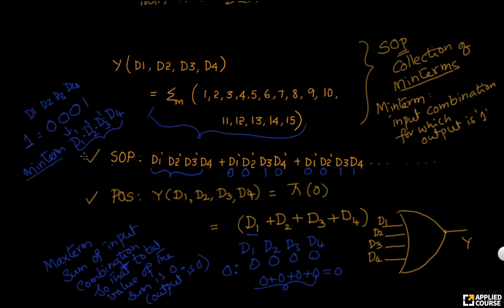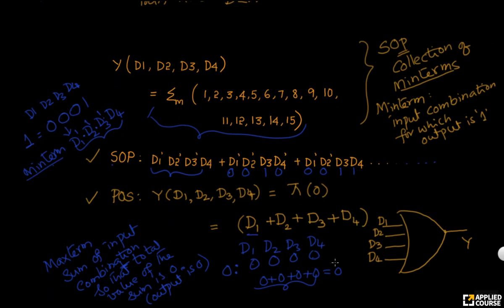Once again, for a min term, 0 stands for the complement form. D1 is 0, it is D1 prime in the expression. For a max term, 0 stands for the normal form. That is, if 0 is there, I have to write it as D1. Again, D2 is 0, I have to write it as D2. 0 is there for D3, again I have to write it as D3 for the sum. And 0 is there for D4, again I have to write it as D4 for the sum.